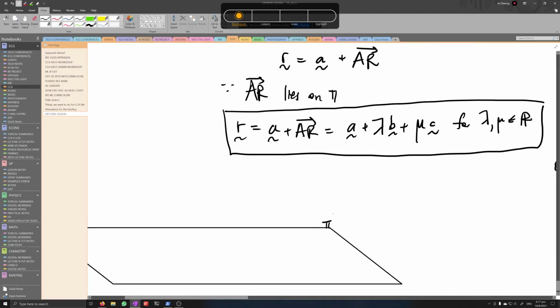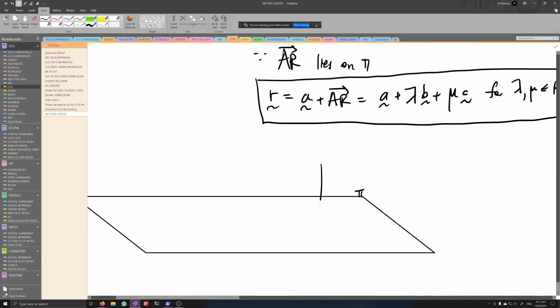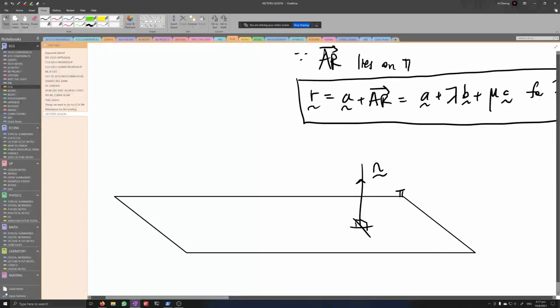would be, let's say now they give you a vector n that you already know is perpendicular. Okay, just draw these two right angle squares to indicate that this n is perpendicular to the plane.